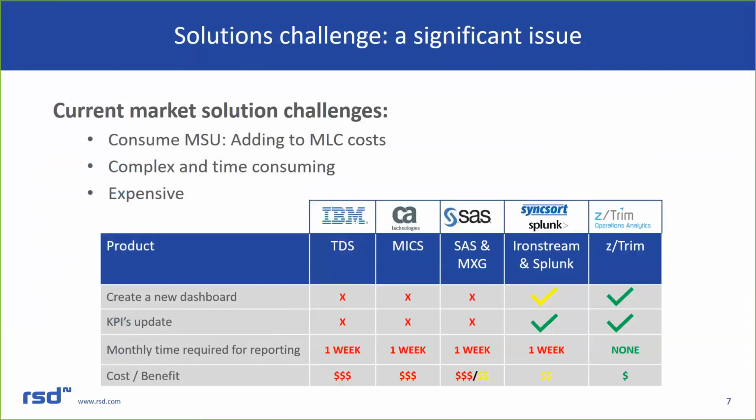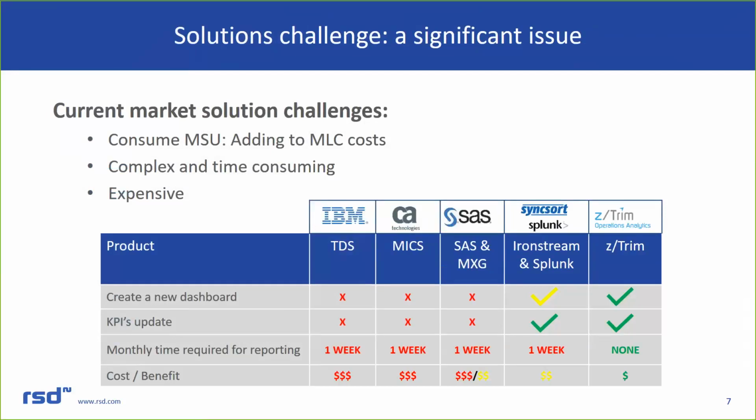As we discussed in the agenda, one of the things we wanted to look at are various solutions that are available in the market. So ZTRM is new to the market, but we think that we have something pretty special. The current market solution challenges are, first of all, most solutions contribute directly to the MSU consumption.